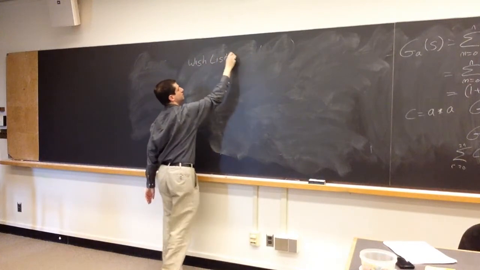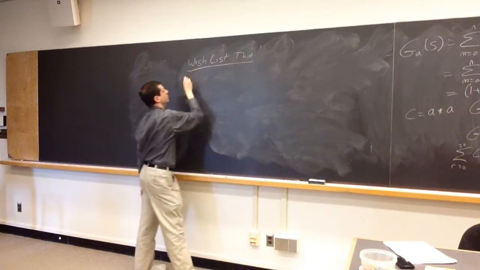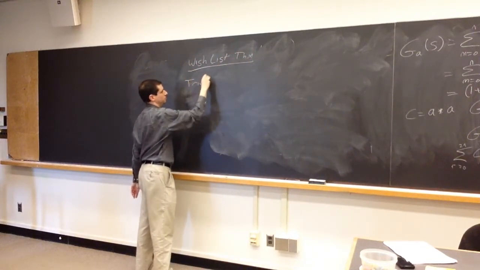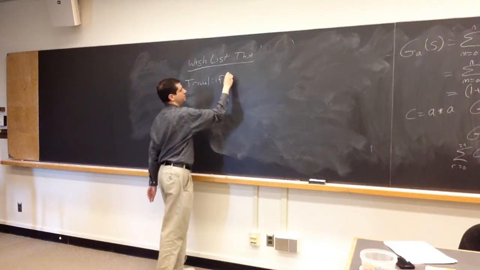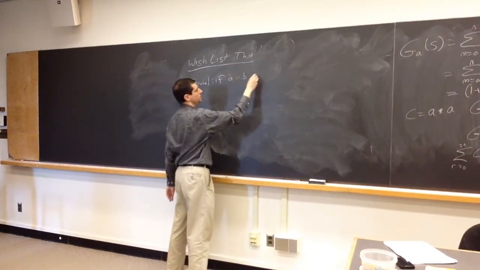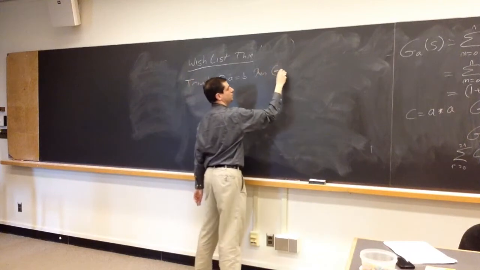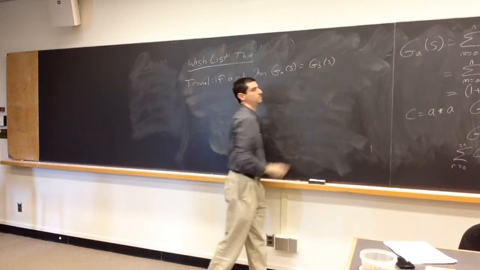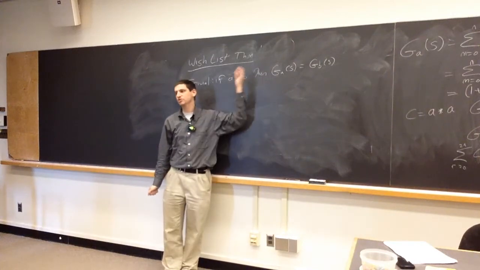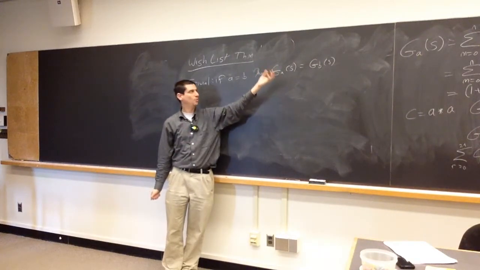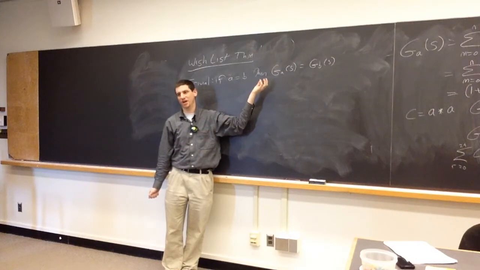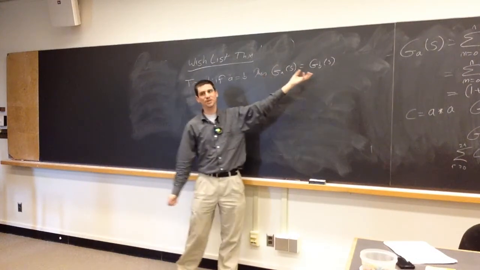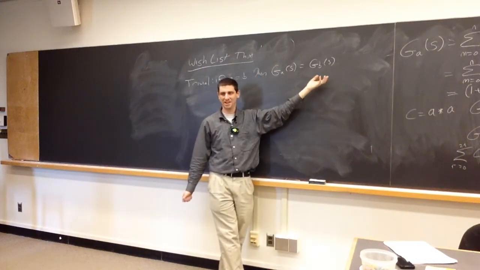So, wish list theorem. Here's something that's trivial. If the sequence A equals B, then GA of S equals GB of S. This is extremely trivial. What's GA of S? Well, it's the sum of A n S to the n. What's GB of S? It's the sum of B n S to the n.